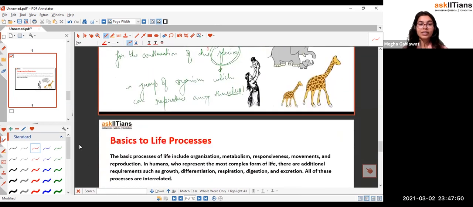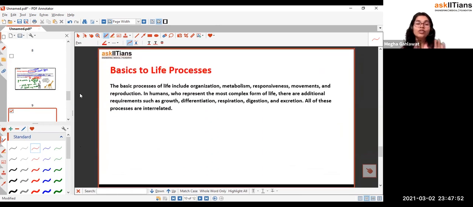Now, that being said, we have the basics of the life process, that any living organism that will be living on this face of Earth or this planet or anywhere in space, it is going to differentiate, it is going to grow, it is going to respire, it is going to carry out digestion, excretion, and all the processes, okay?